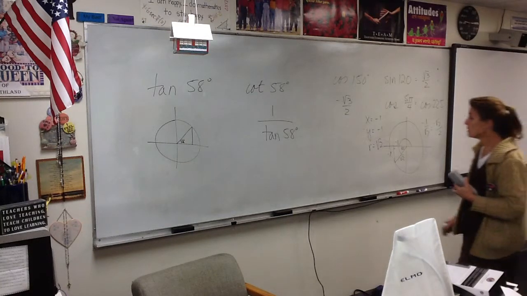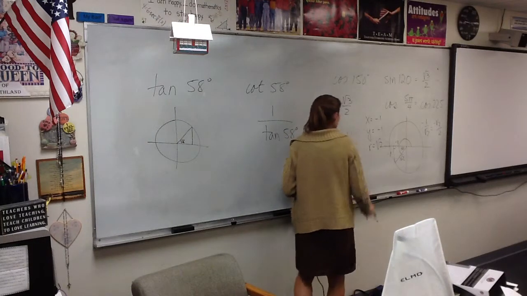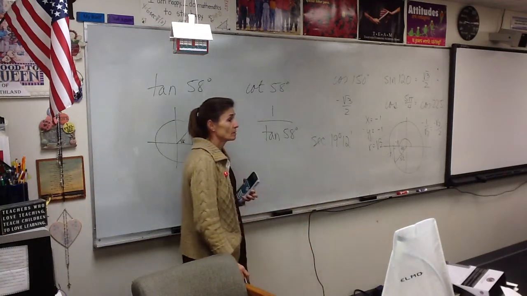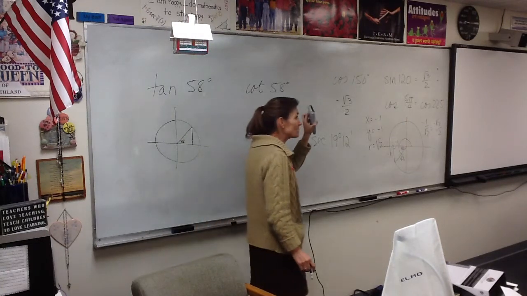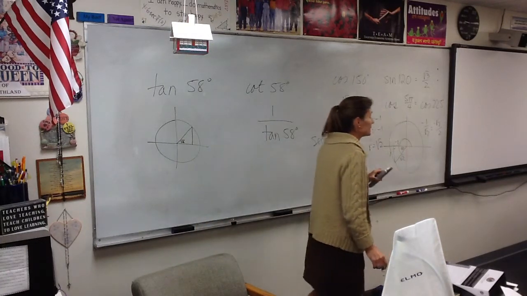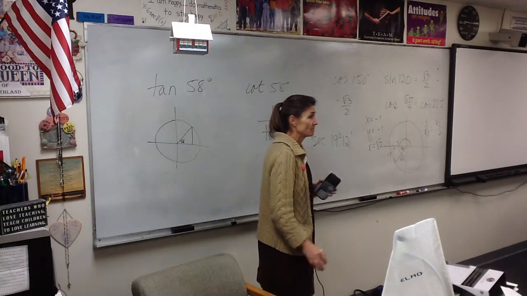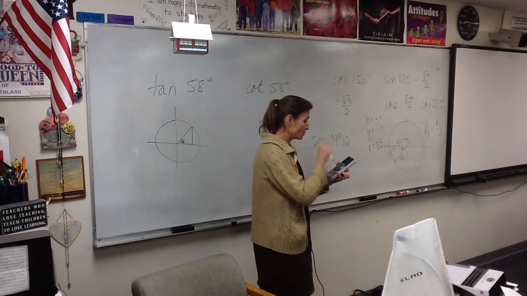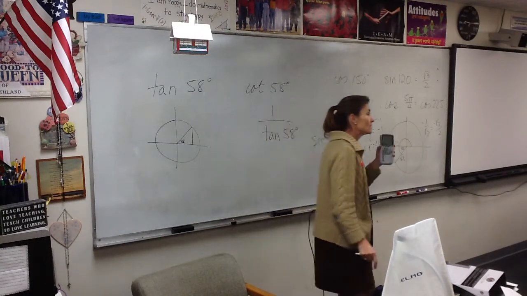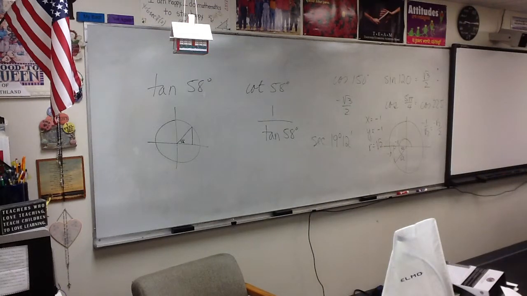Likewise, if we want the secant of 19 degrees 12 minutes, you do not have a secant button. There is no button you can press that will give you a secant. You have to use the definition. What's the definition of the secant? 1 divided by cosine. Now you can say hypotenuse over adjacent, and I would agree that's a definition of the secant, but I don't have a hypotenuse and adjacent button either.